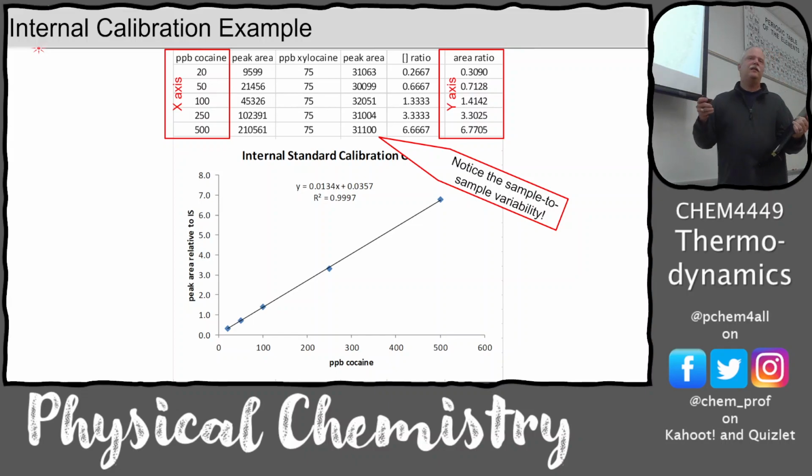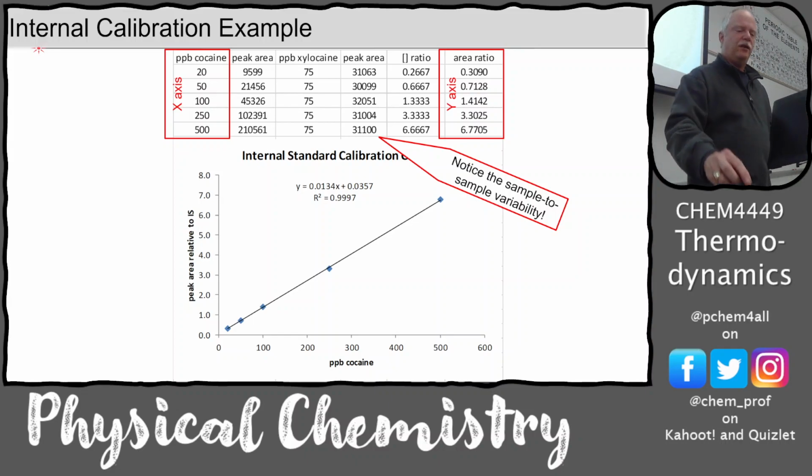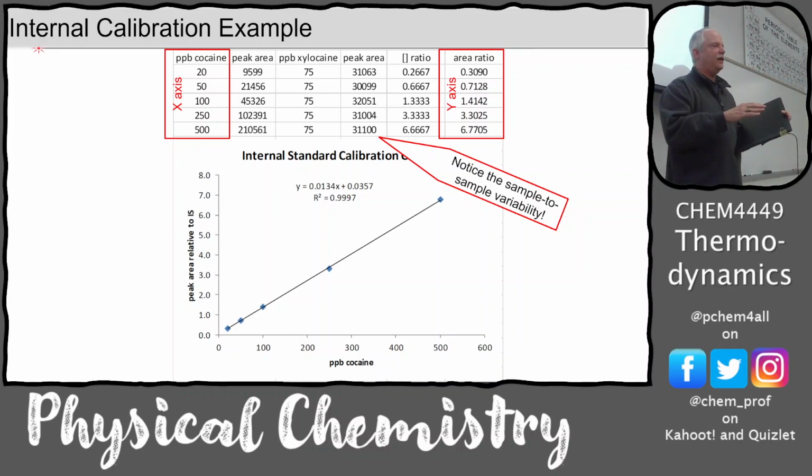But one thing that this internal standard does, and this will show you how it works, is that internal standards are best if you have sample-to-sample variation. So if there's something about your technique that causes sample 1 to act differently than sample 2 or sample 3. And in manual injection, that's almost always the case because we're just not that mechanical.